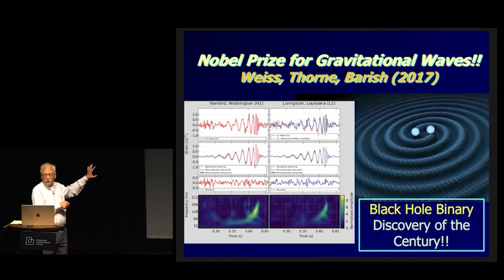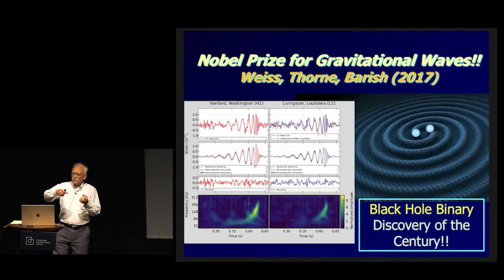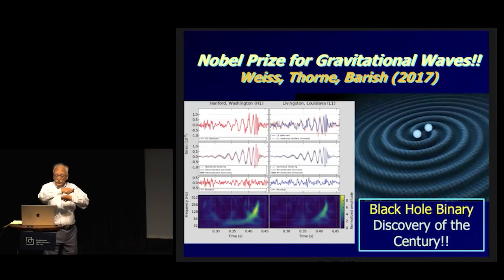The particular event that they discovered was two black holes, each about 30 solar masses. They are going around each other. Actually, they are spiraling in towards each other and merging. And while they are doing that, they are emitting gravitational waves.